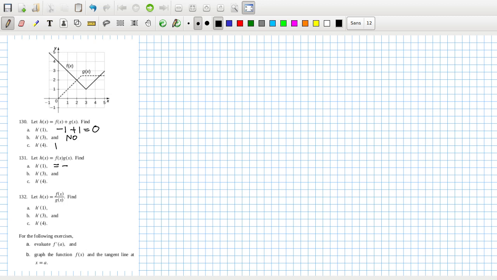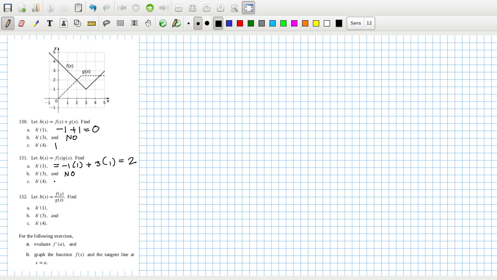Okay, so this one here would be derivative of f, which is minus 1, times g of 1, which is 1, plus f of 1, which is 3, times the derivative of g, which is 1. So that's 2. Okay, and again, nothing at 3.